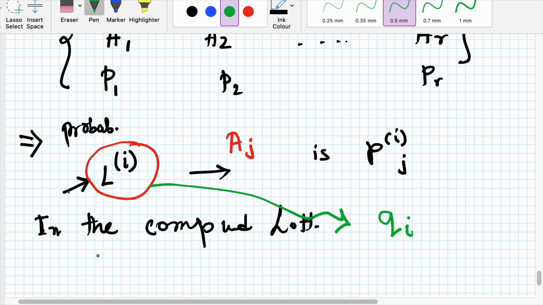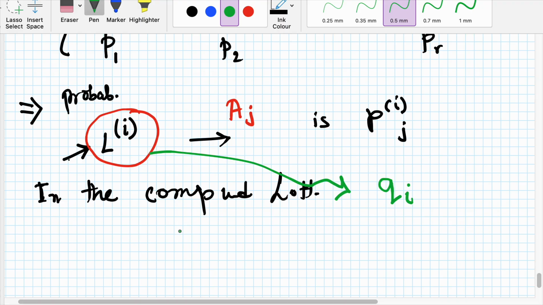Since these two are independent events, the probability that the final prize is AJ and that it corresponds to the lottery LI is QI times PJI.